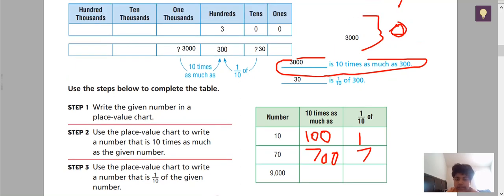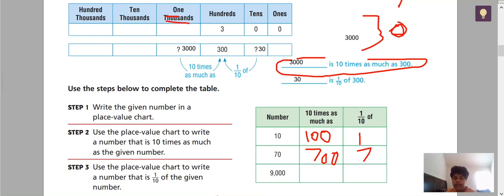If we were doing 70, then this would be 7, 70, 700, 7,000, 70,000, 700,000. Now we're doing 9,000. 9,000 would be right here in the 1,000s place.